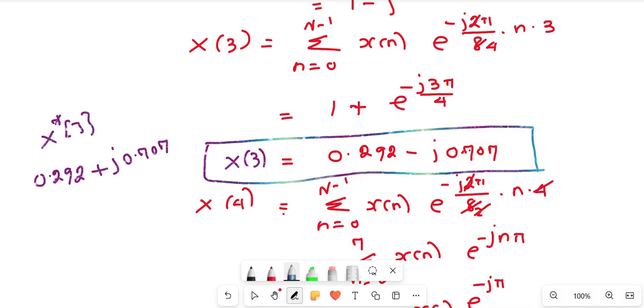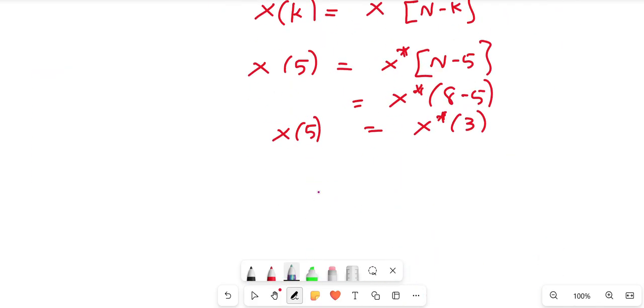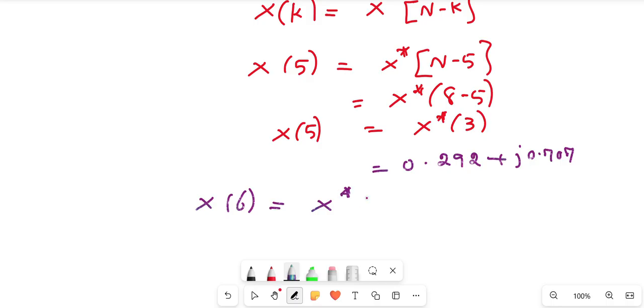So this is the answer: X of 5 is equal to 0.292 plus j 0.707.